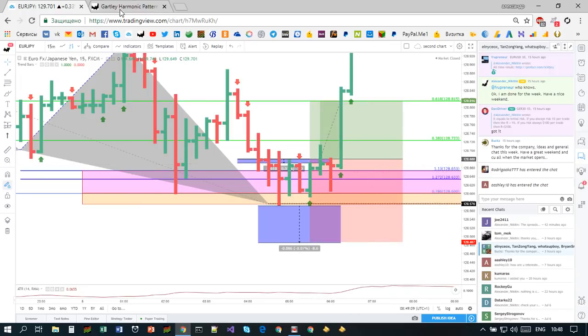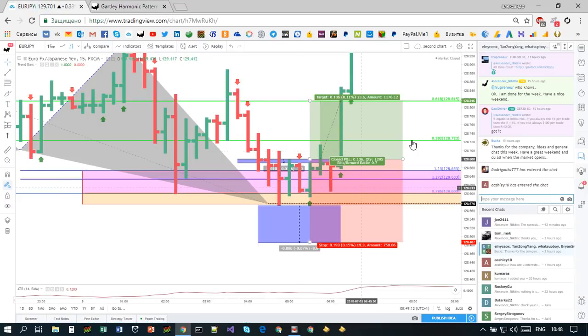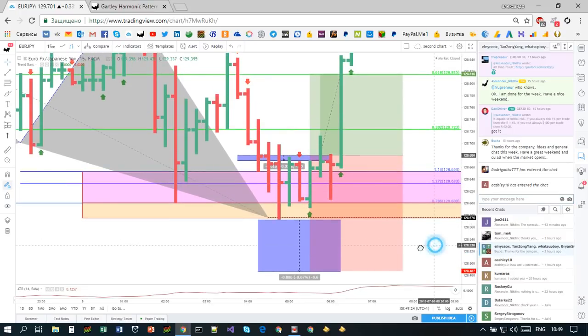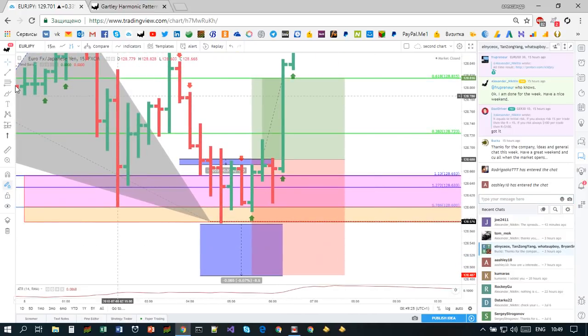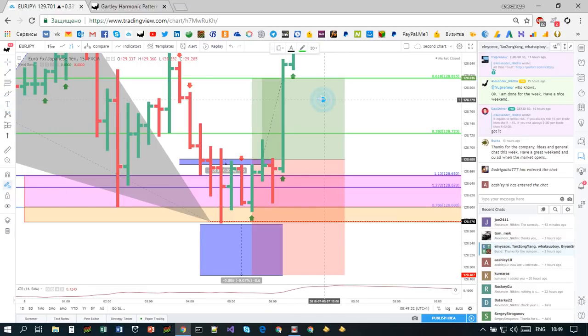Okay, let us do the management after we have this. First of all, the first thing to manage is to treat this distance between the 382 and 618 as an IPO, the initial profit objective. So let me type it, IPO zone.